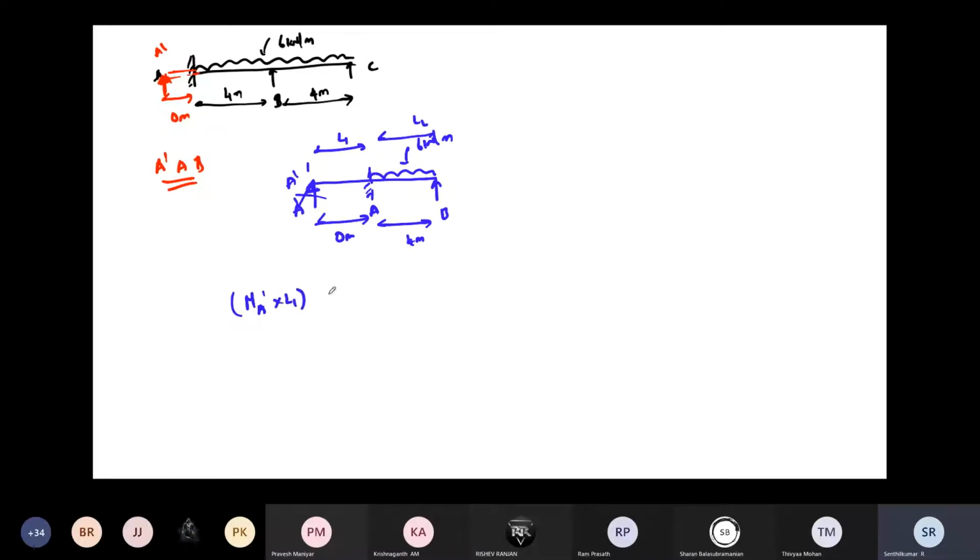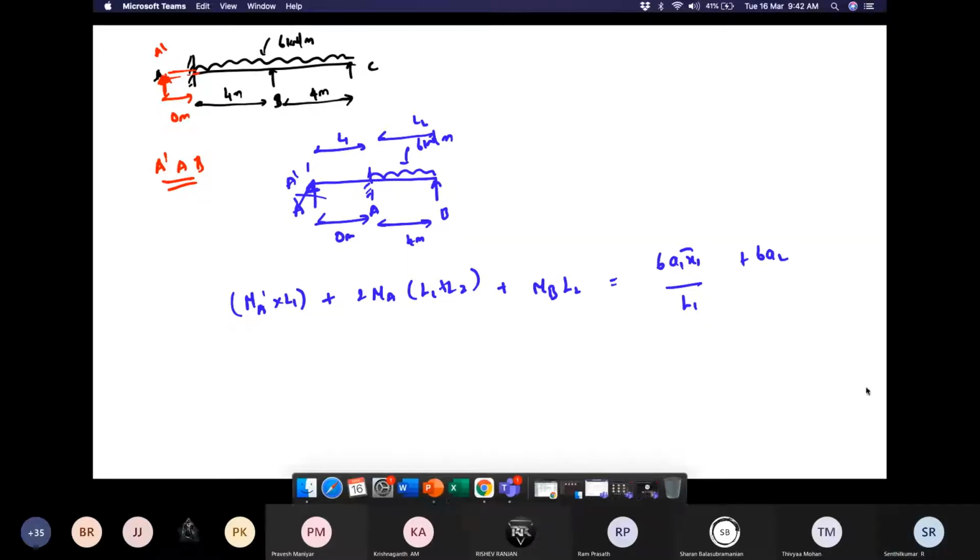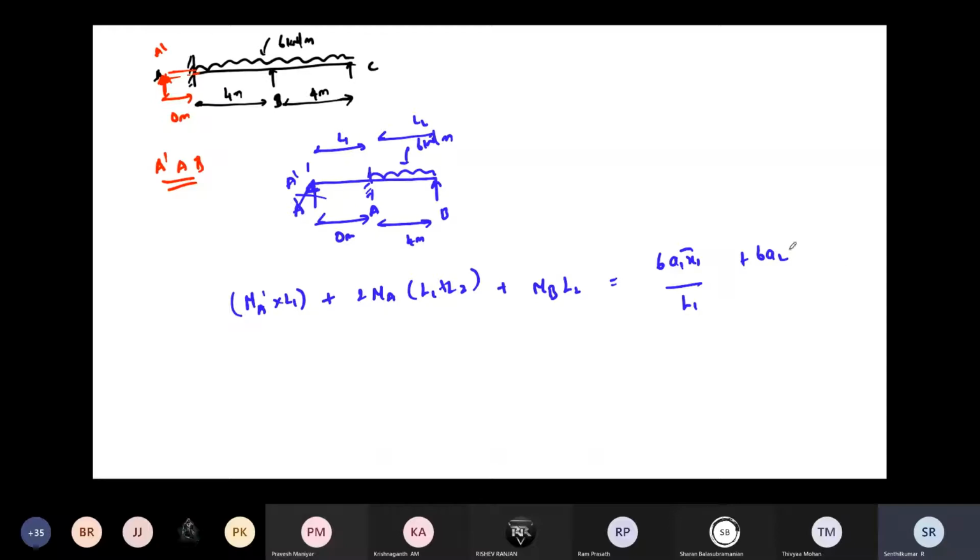L1 plus 2 MA of L1 plus L2 plus MB of L2 equals 6 A1 x1 bar divided by L1 plus 6 A2 x2 bar divided by L2. That is your equation.